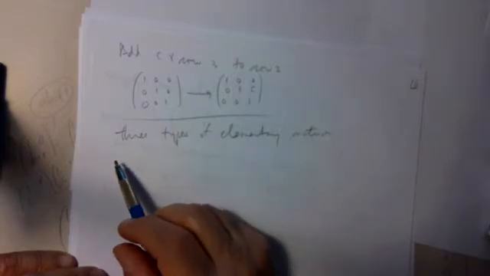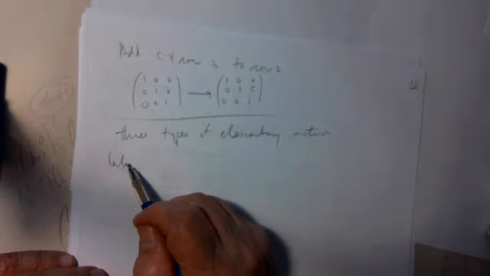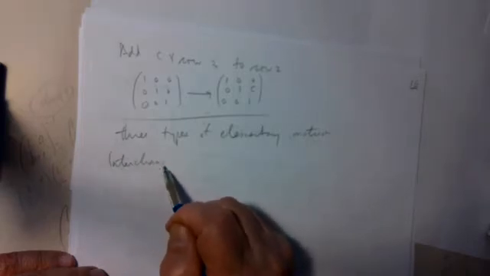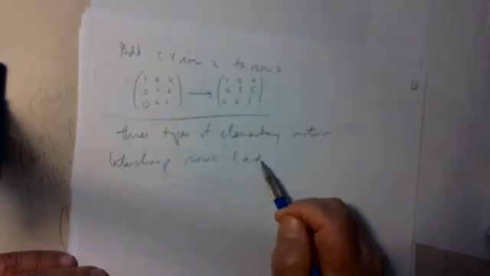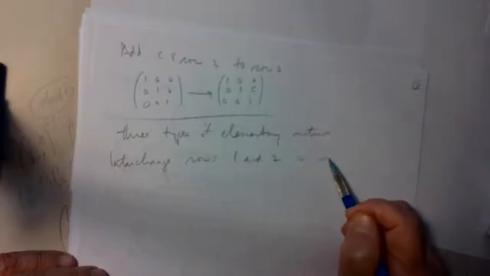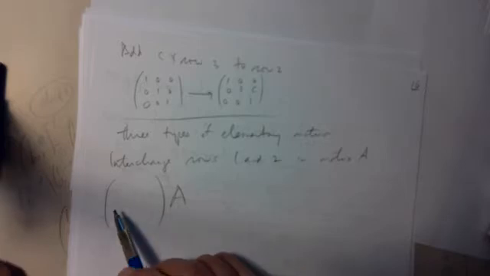So suppose, for example, in a matrix A, we want to interchange rows 1 and 2 in the matrix A. If you take the matrix A and you multiply it on the left by the elementary matrix that you get by interchanging the first 2 rows.